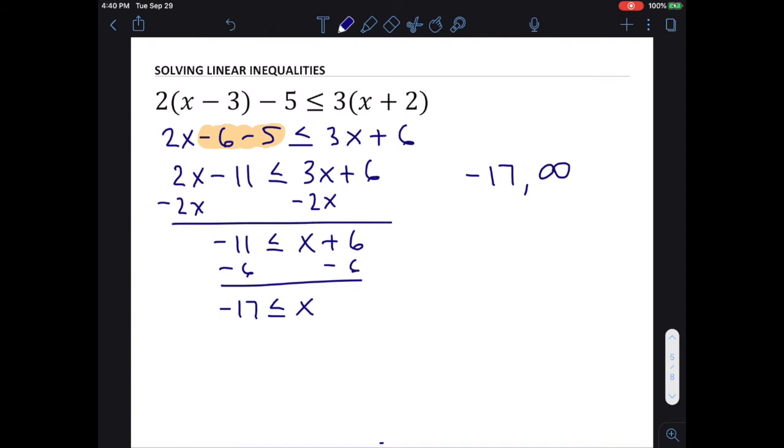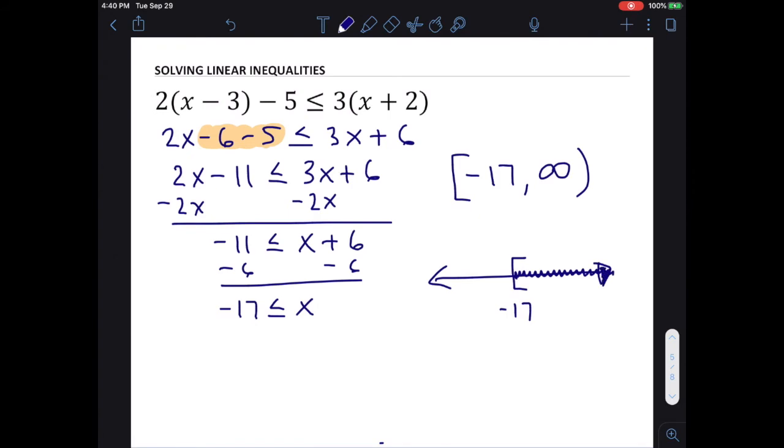And always a parenthesis with positive infinity. And then since we have x is greater than or equal to, we're going to use a bracket on the 17. Okay, and then we can graph this. Just need one number, so we're going to use a bracket. So I'm just going to go ahead and write the bracket in there, negative 17. And then shading towards positive infinity.